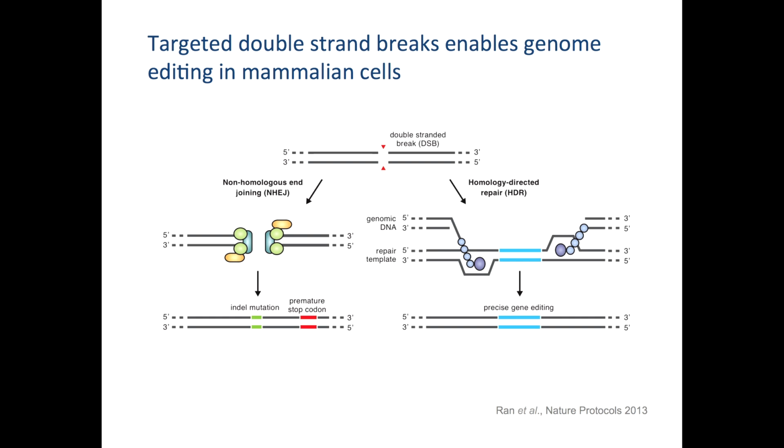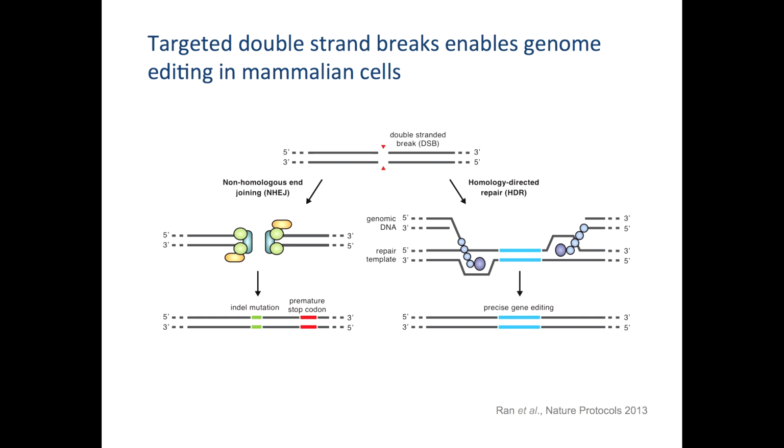We basically harness, or take advantage of, the repair mechanisms to introduce a double-strand break. And everything I'm going to tell you now is based on this side of this figure. We use a targeted double-strand break in order to introduce mutations into early constitutive exons.